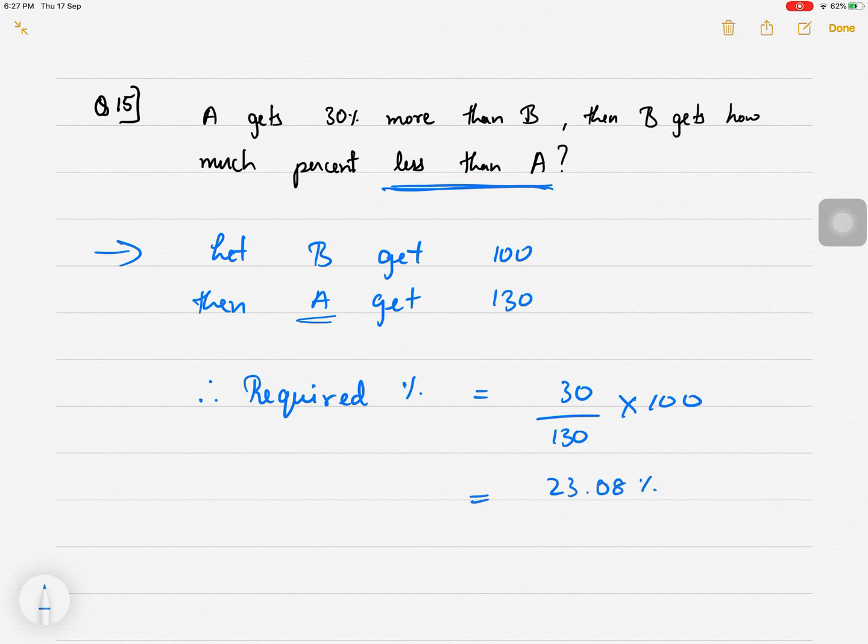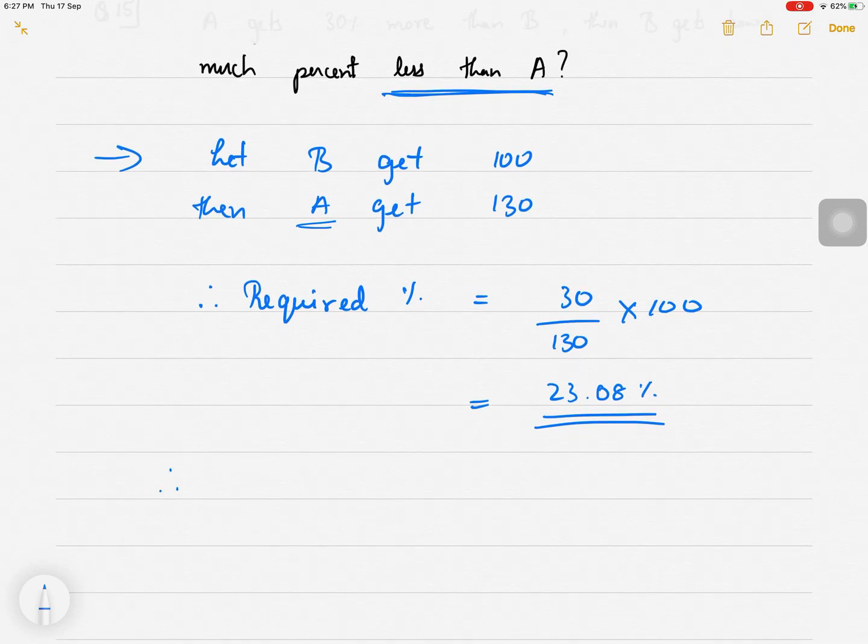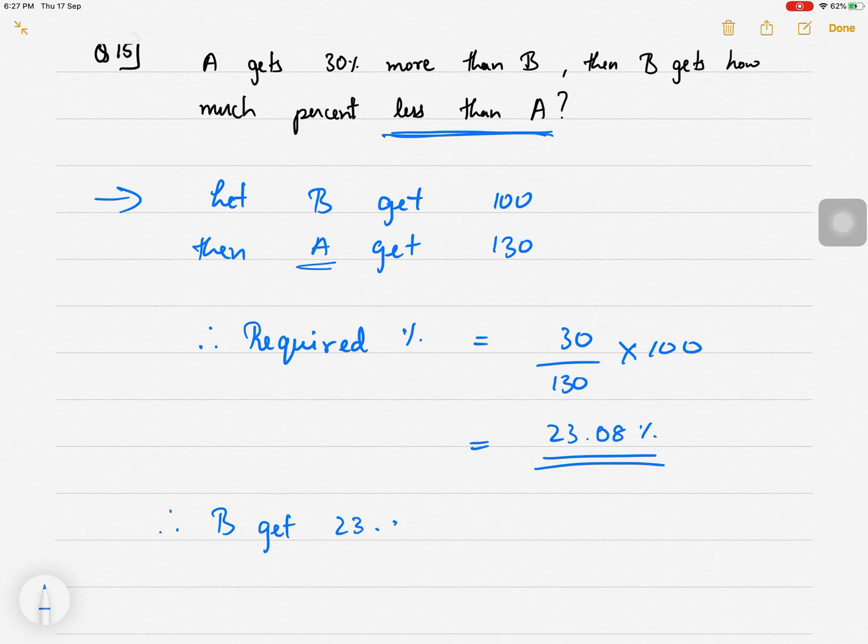So B gets 23.08% less than A. Okay. Therefore, B gets 23.08% less than A.